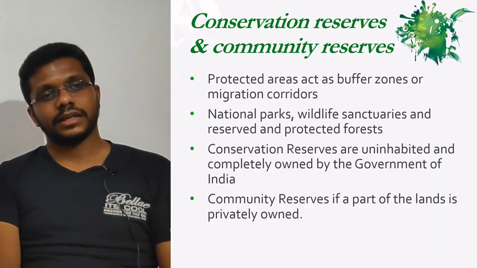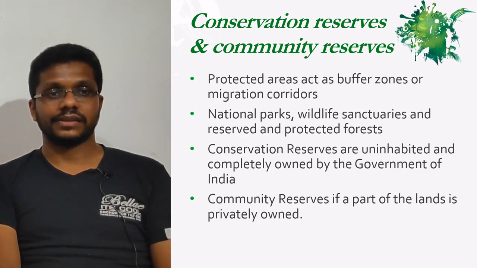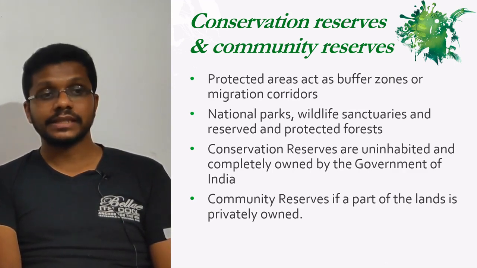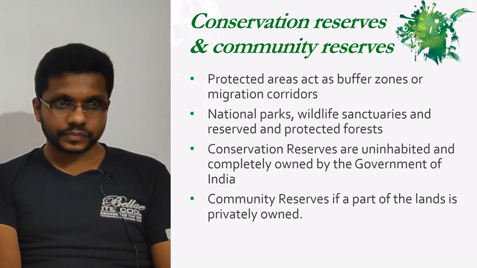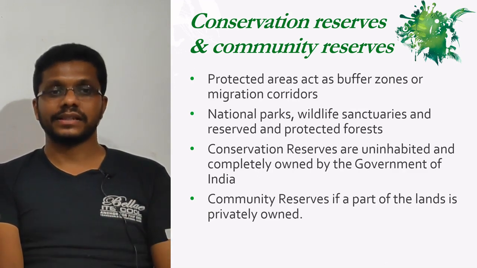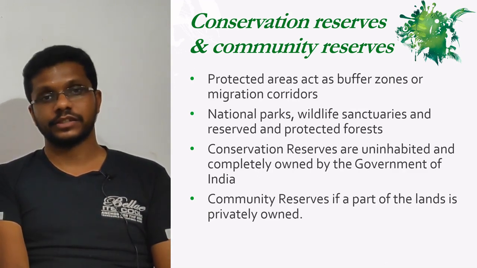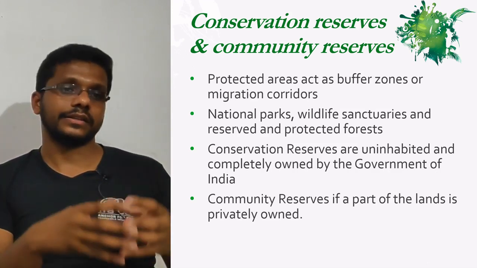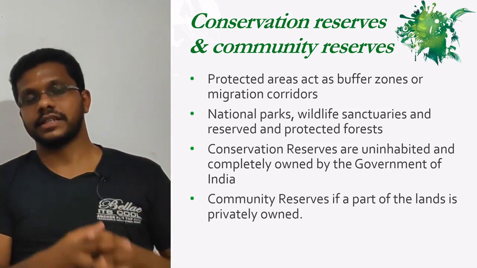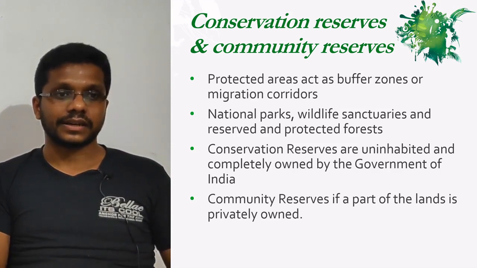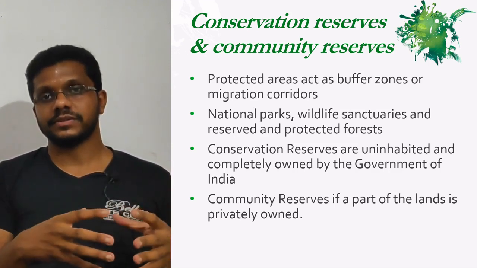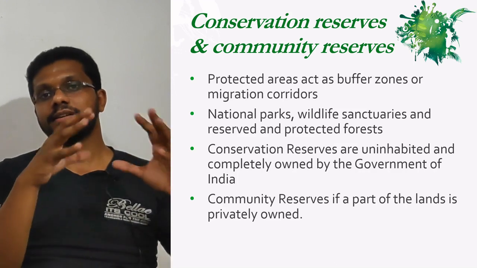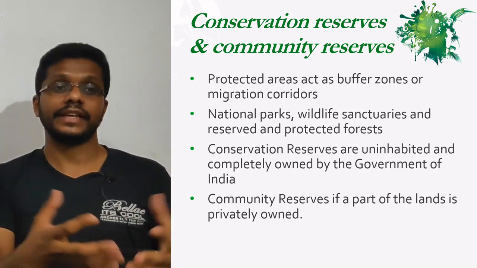Other than wildlife sanctuaries, there are conservation reserves and community reserves. These are protected areas that serve as a buffer zone or migration corridors for animals. As we discussed in the biosphere reserves, these conservation reserves and community reserves help to protect the core area.